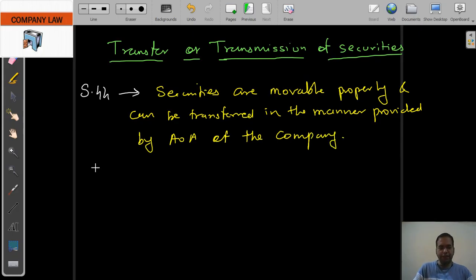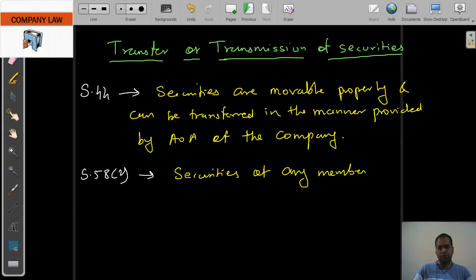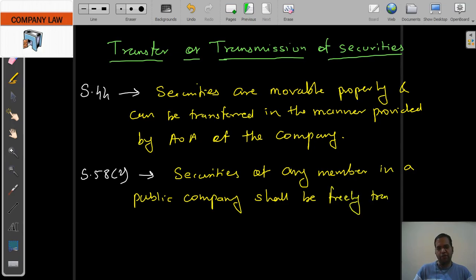Whereas section 58 says that securities of any member in a public company shall be freely transferable.